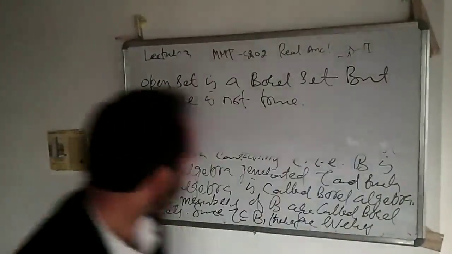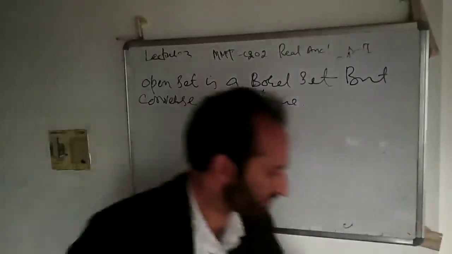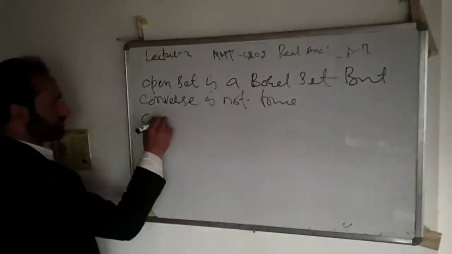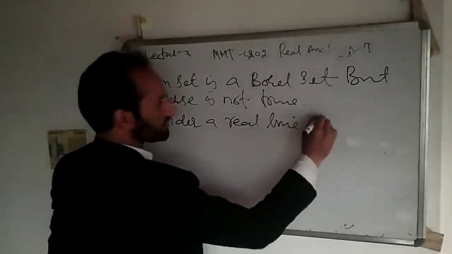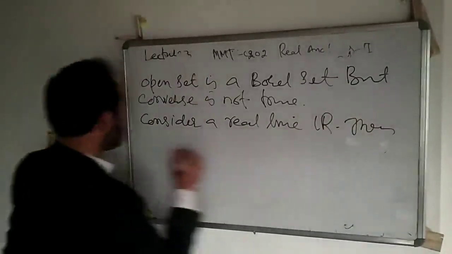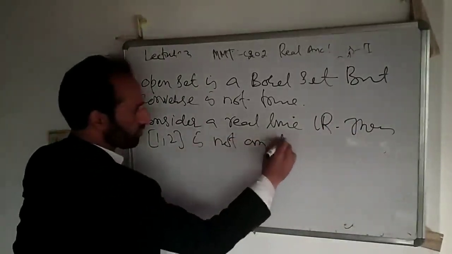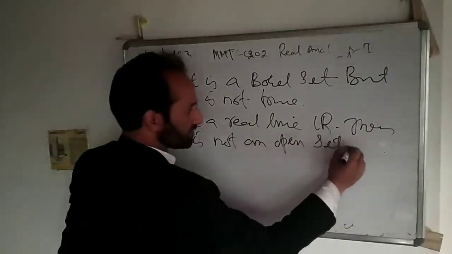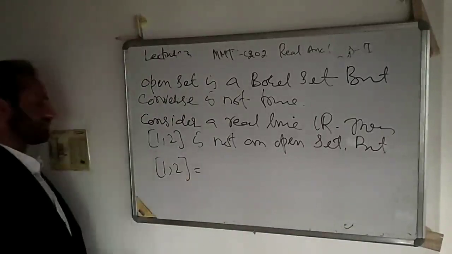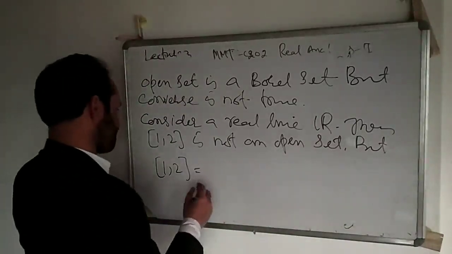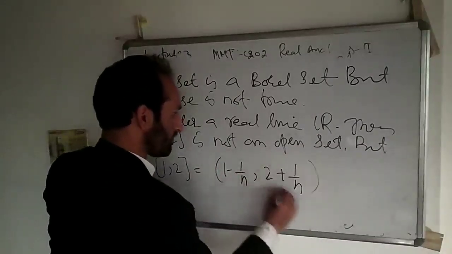So here is an example. It's very simple. Consider the real line R with the usual topology. Then this closed interval [1, 2] is not an open set. But we can write it as the union, n runs from 1 to infinity, of the open intervals (1 minus 1 by n, 2 plus 1 by n).